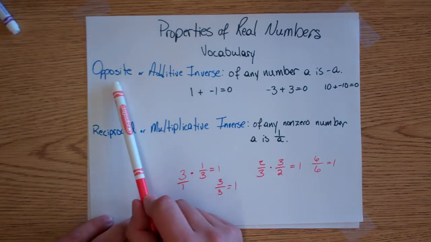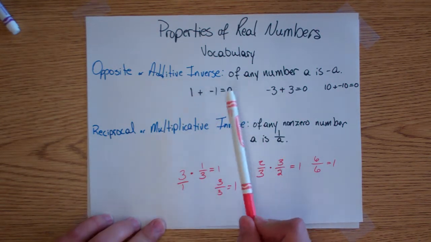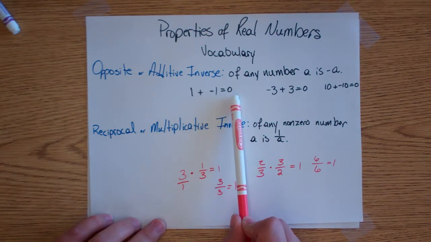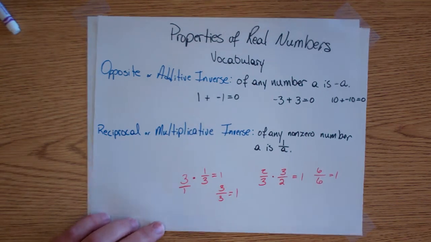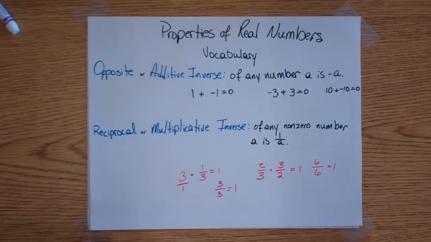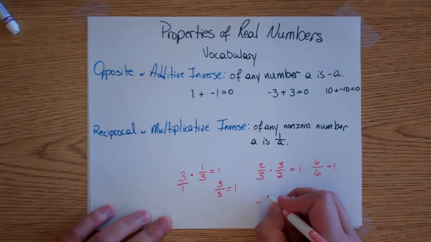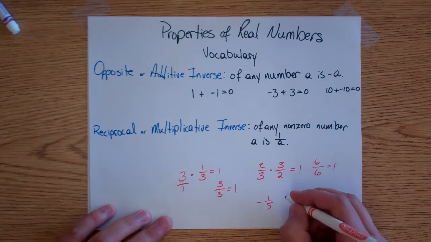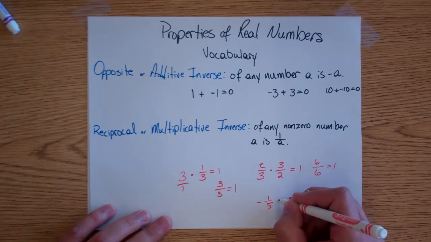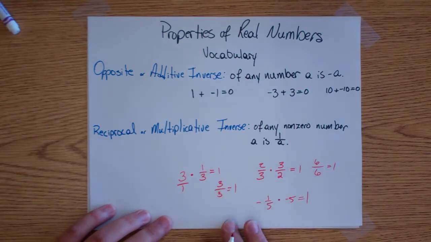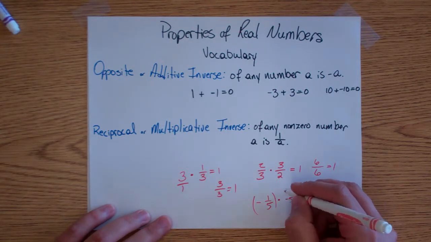So, opposites or additive inverses will always add to 0, and reciprocals or multiplicative inverses will always multiply to give you 1. All right, they can be negative as well. So like negative 1 over 5, the multiplicative inverse would be negative 5, because when you multiply those together, you are going to get 1.